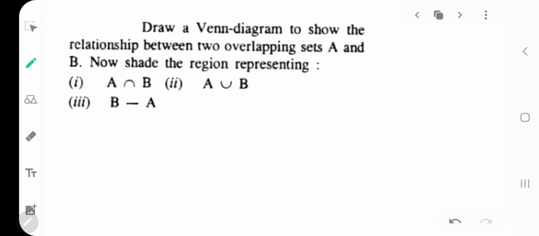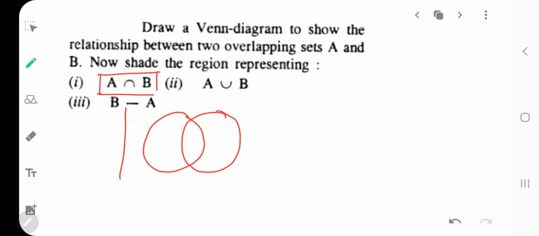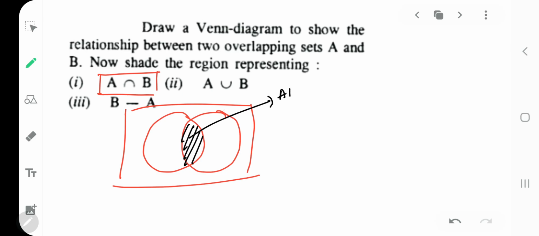Next is draw Venn diagram to show the relationship between two overlapping sets A and B. Now shade the region representing A intersection B. If this is your set, the A intersection B will be this part.